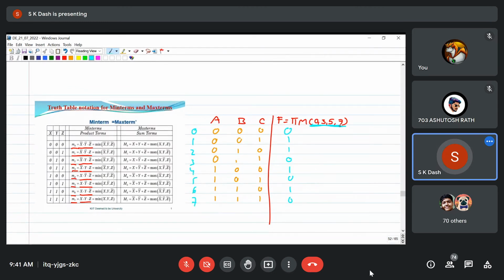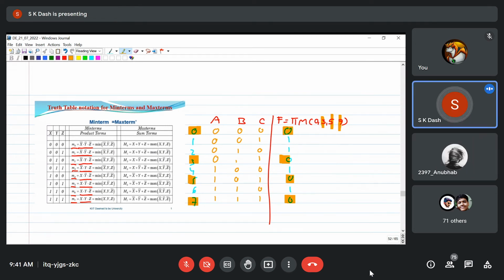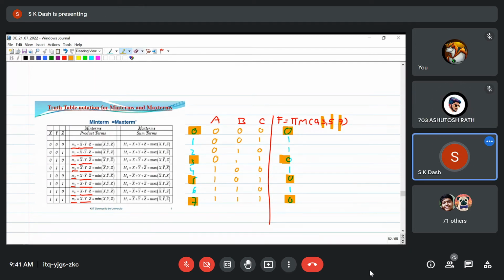Whatever comes in this pi form, the corresponding output should be 0. 0 should be 0, 3 should be 0, 5 should be 0, 7 should be 0. Okay? In this way you can find out. Now, if I give you a reverse task, suppose this truth table is given.